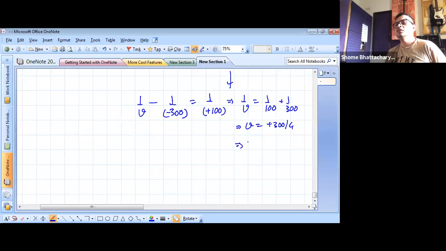You can see that v is plus 75 centimeters. Okay. So the magnification, which is v by u, is plus 75 upon minus 300. That is minus 1 by 4.